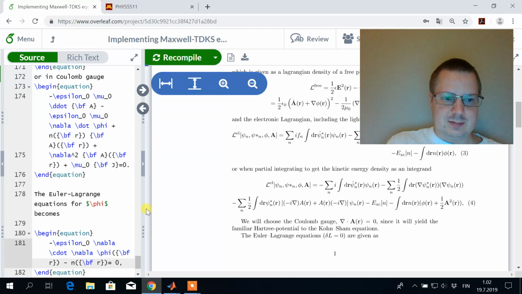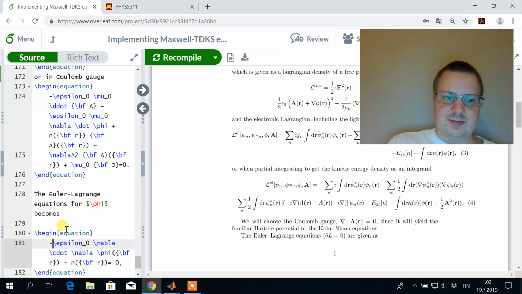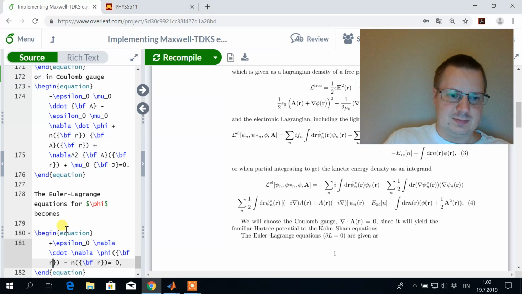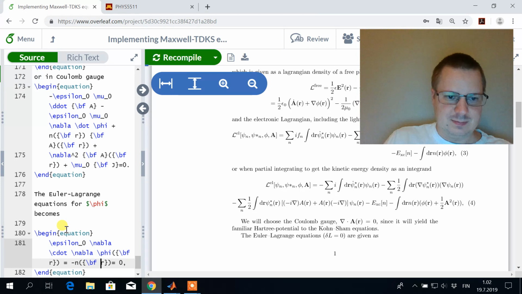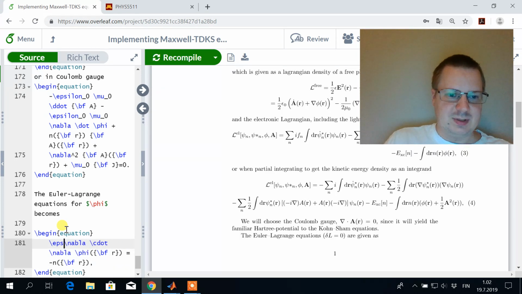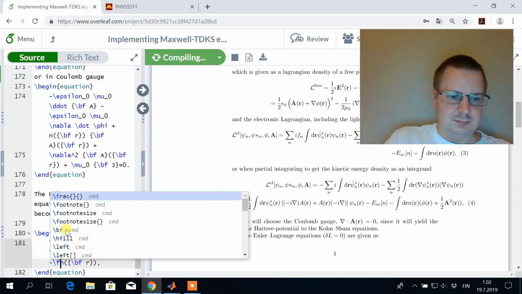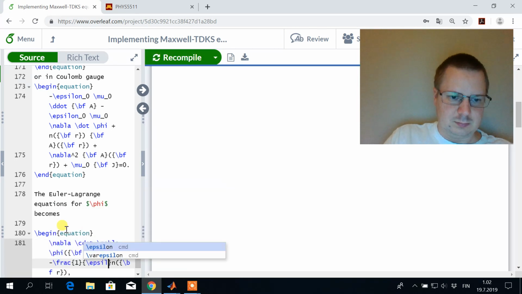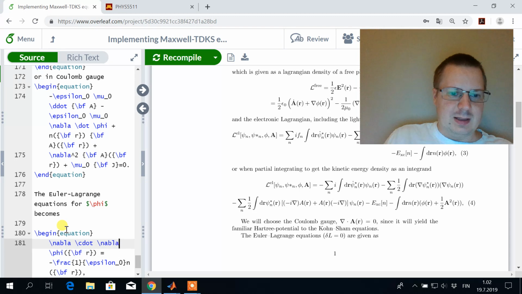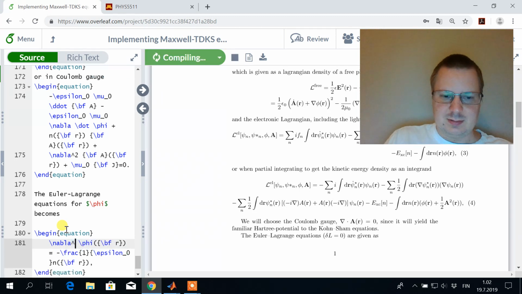and I can just remove the minuses, and then I can put n to the other side, and then I can divide with the epsilon 0. And then this is just the Laplacian.